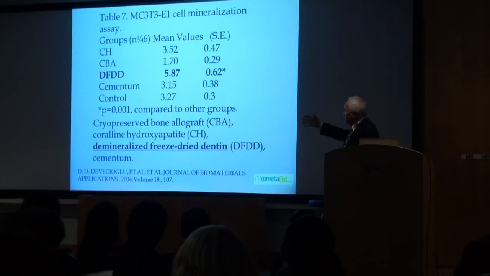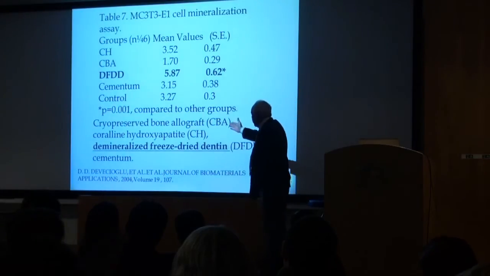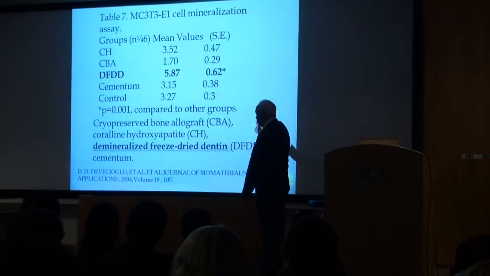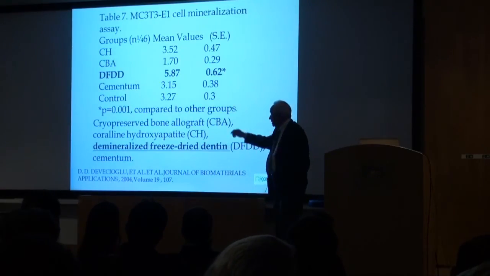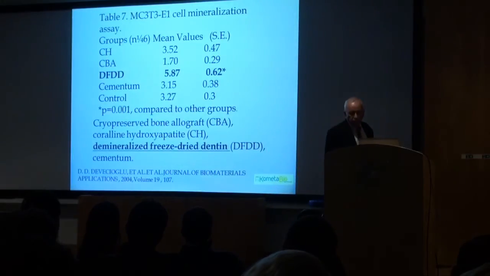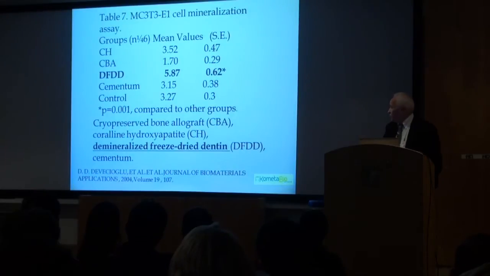If we compare in a study different materials, for example bone allograft, coral hydroxyapatite, demineralized dry dentin, and cementum, we see that the dentin is producing much more mineralized tissue in this culture system.